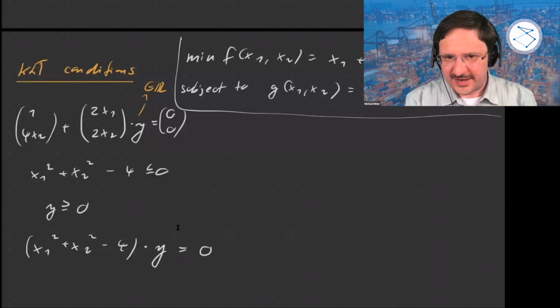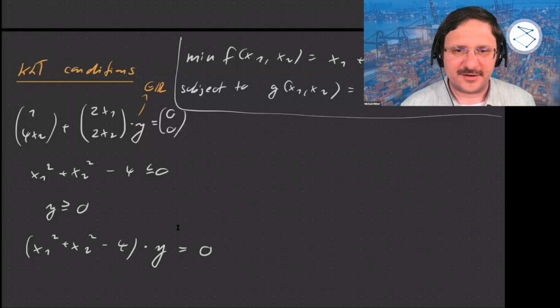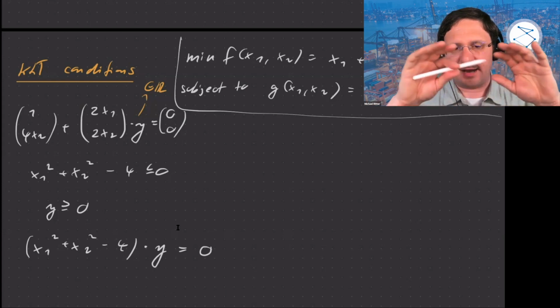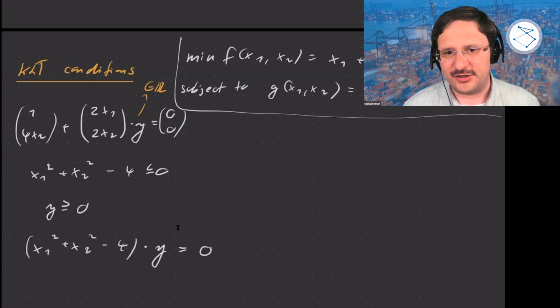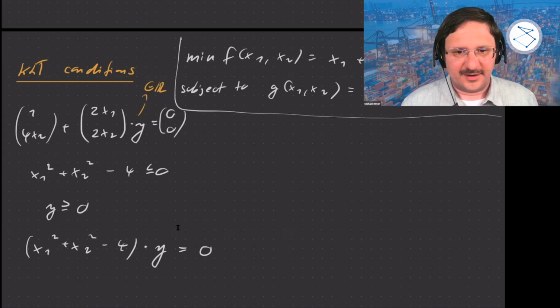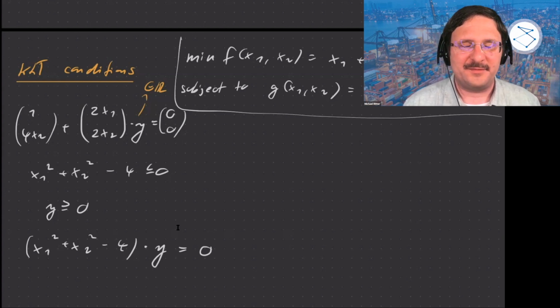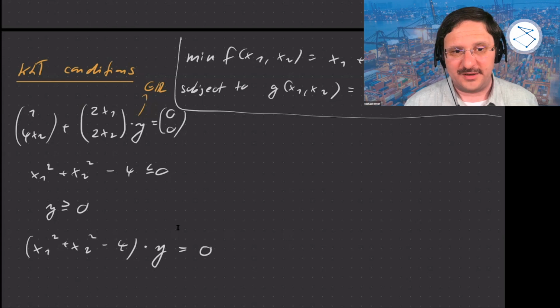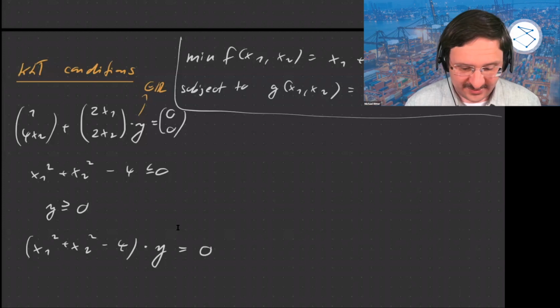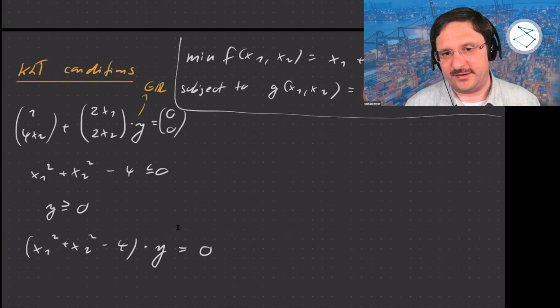For a strict less or strict greater than, things are much more complicated, because you exclude the boundary of your region, or part of that, depending on which conditions are strict and which are not. So basically, we're not going to discuss that question. That usually means there doesn't even have to be a local minimum, it might not even exist. And that's why in practice, we're usually only talking about constraints that include the equality case.